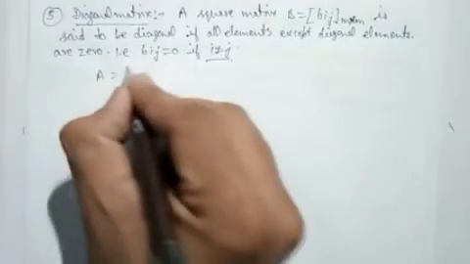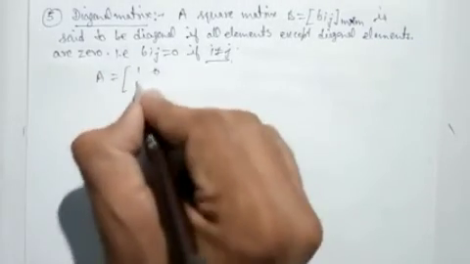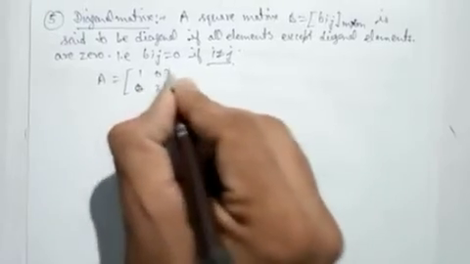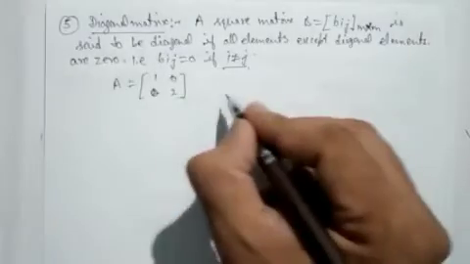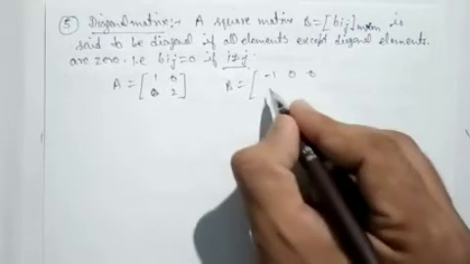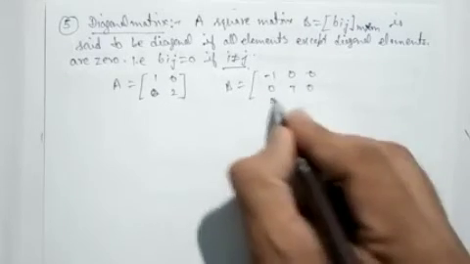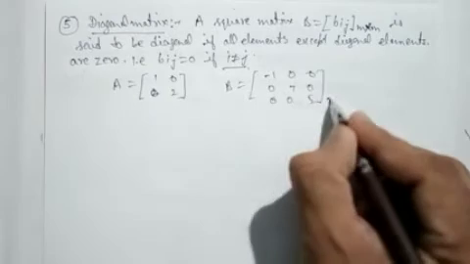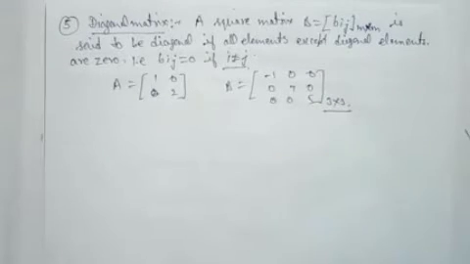For example, a square matrix of 2 cross 2 is 1 0, 0 2. So this is a diagonal matrix. B is -1 0 0, 0 7 0, 0 0 5. This is a diagonal matrix. Clear?